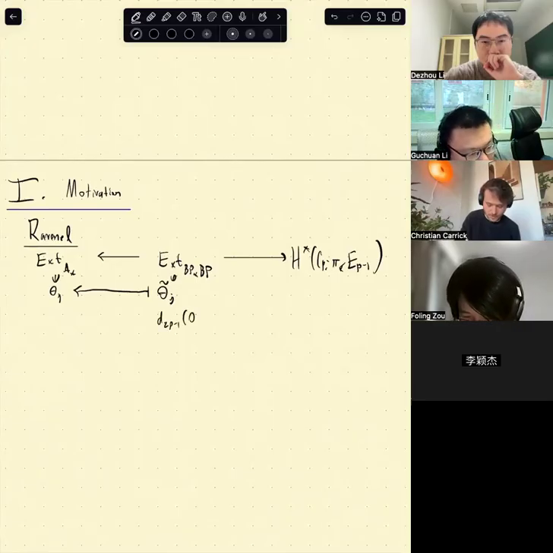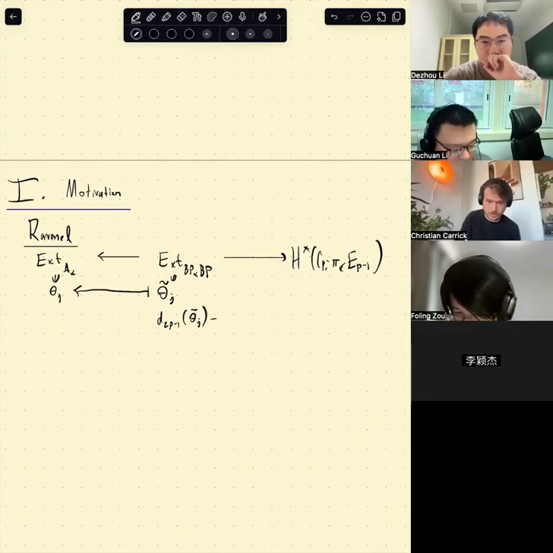He used a power operation on this BP_*BP E2 page to prove that there was some differential d_{2p-1} on any of these lifts. And a priori, he doesn't know that it is actually non-zero.